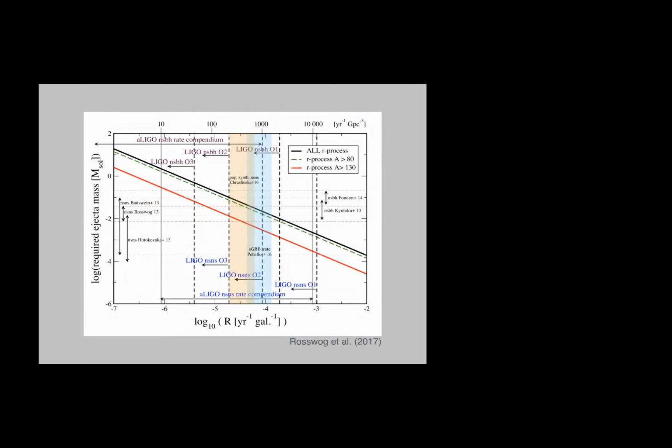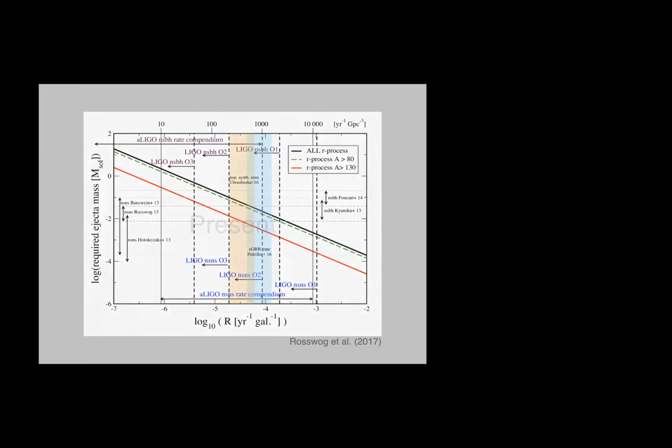These are games people have played, but the uncertainties are so large that at the moment we cannot say this approach is going to tell us much about the main R process enrichment site of the universe.